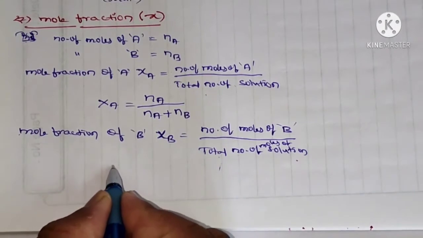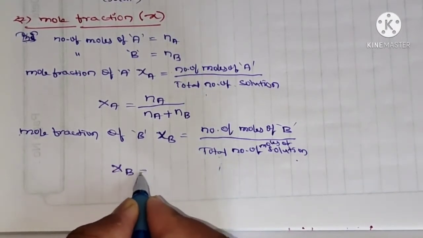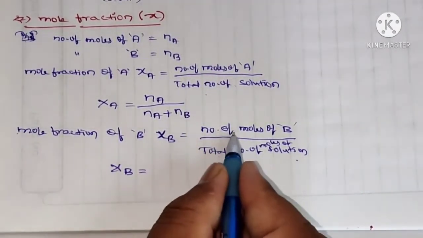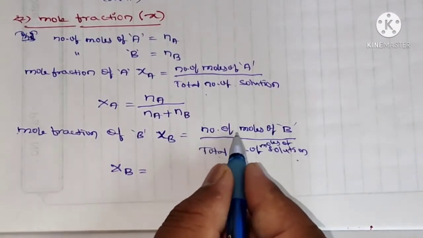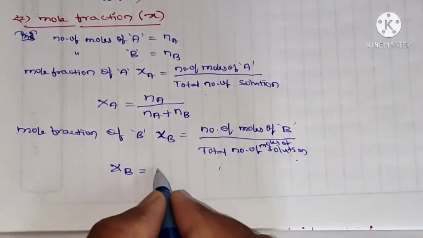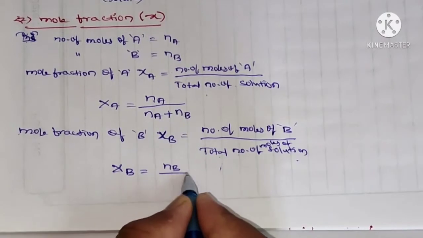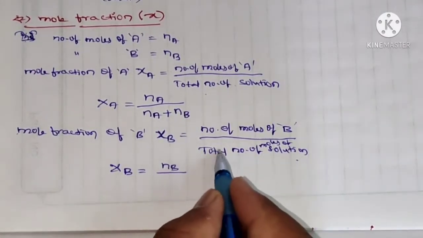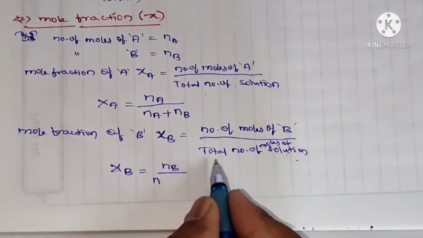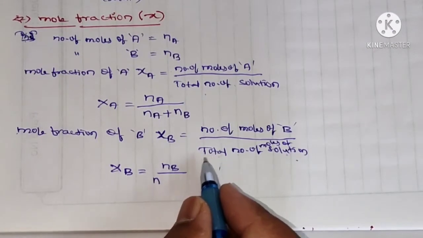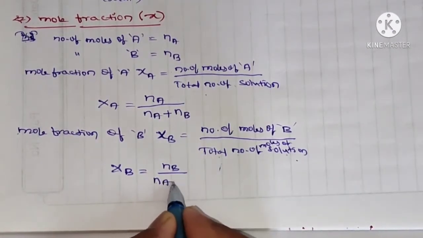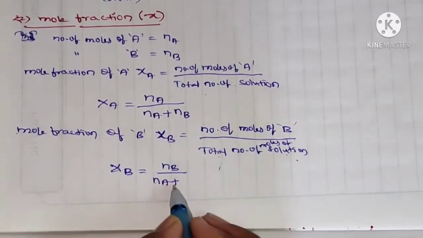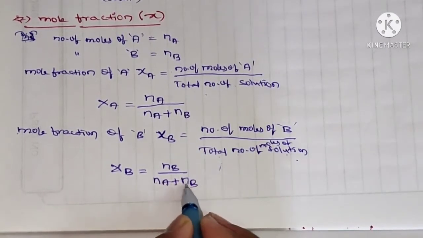So Xb is equal to Nb divided by Na plus Nb, where A component moles Na plus B component moles Nb means the total number of moles of solution.